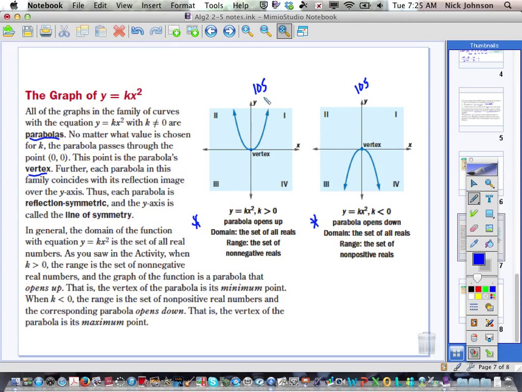We're always going to be positive. When k is less than 0, which means you have a negative number, your domain is still the set of all reals because we could put any number in there. And the range is the set of non-positive reals. Non-positive reals, because the answer we're always going to get out is negative.